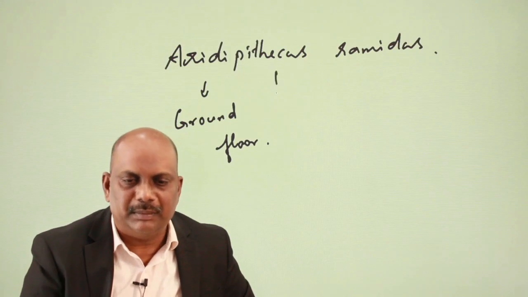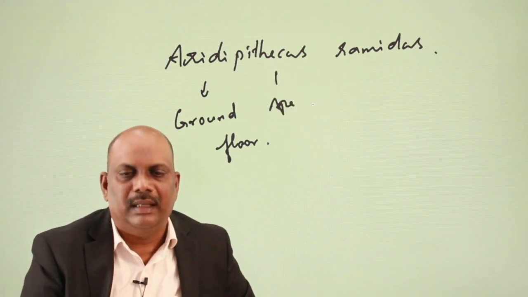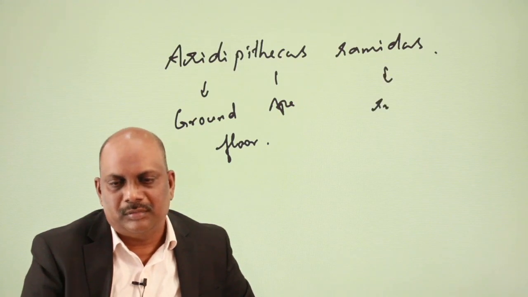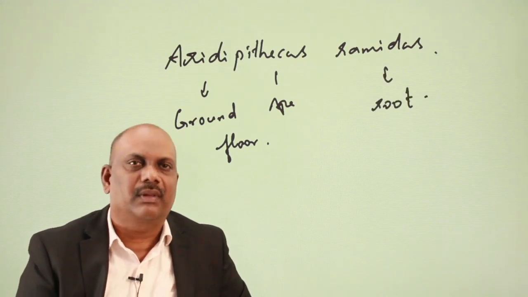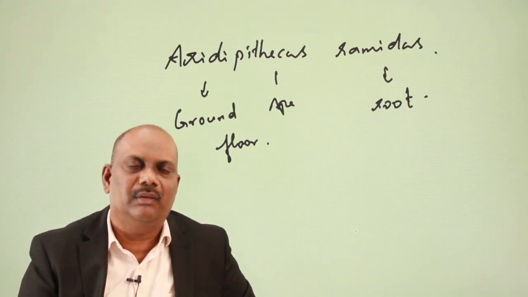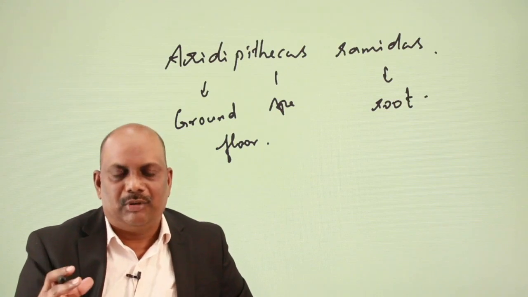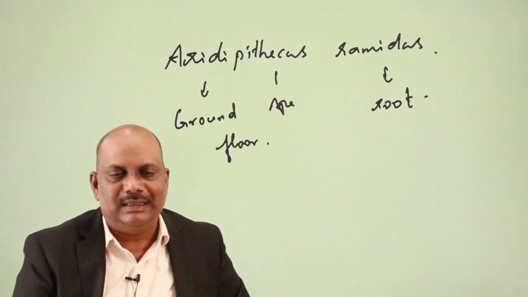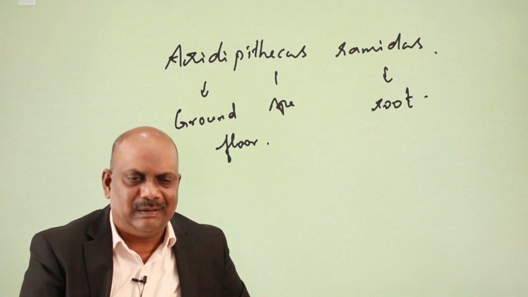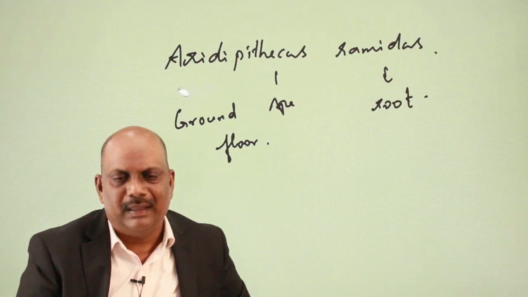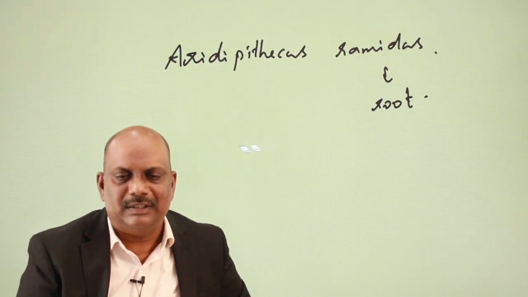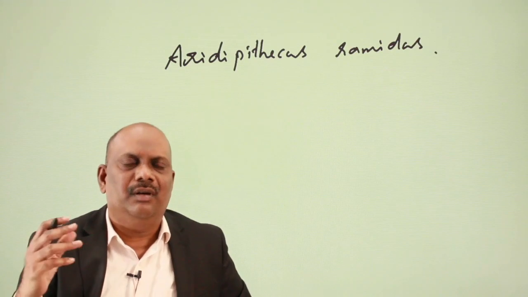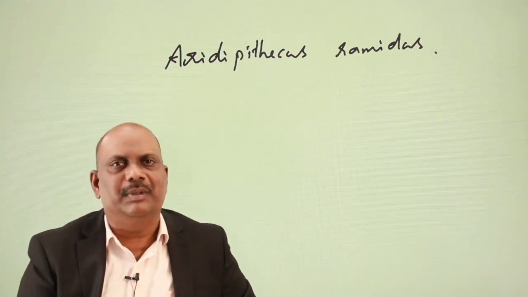Pithecus means ape. Ramidus or rami means root. All in Greek. So the fossil was renamed, and it is still believed that Ardipithecus ramidus was an ancestor to Australopithecus.